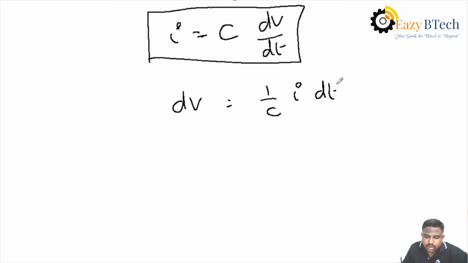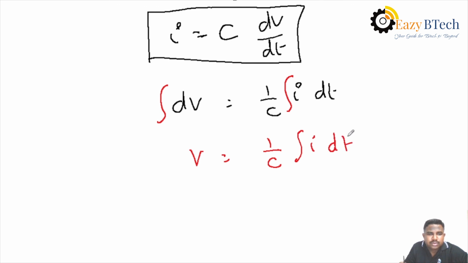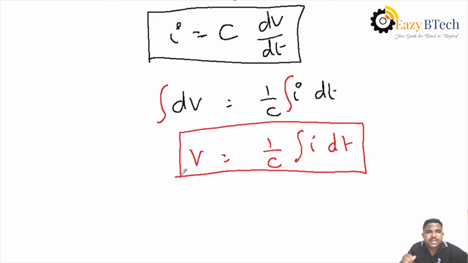Then the derivative will be eliminated by taking integration on both sides. Then V equals 1 by C integration of I into dt. This is the voltage equation in the case of a capacitor.